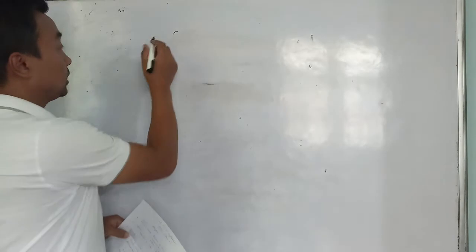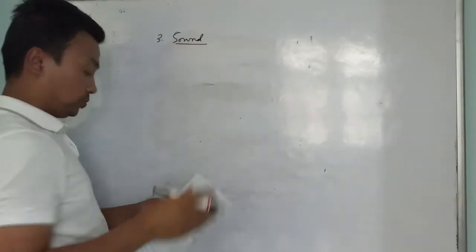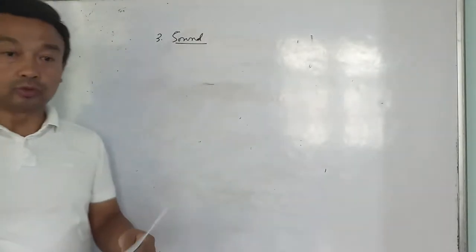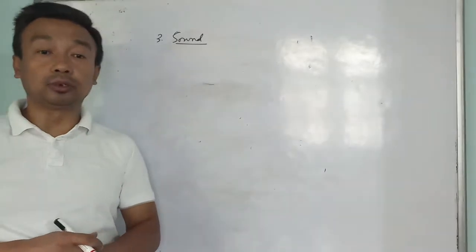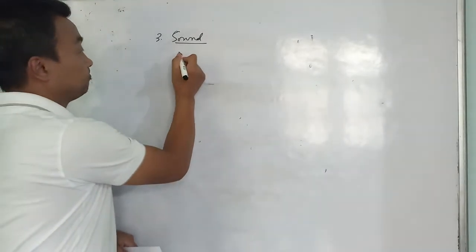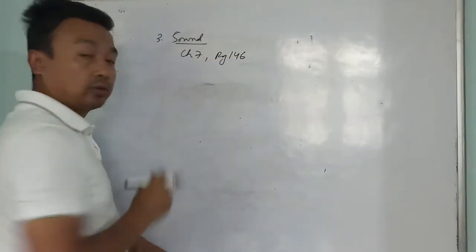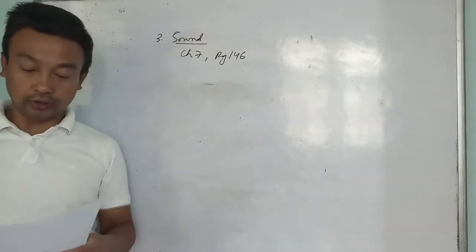But I am going to start sound today. Sound is in chapter 7 in the textbook, and it is in page number 146. Now in sound you have got three topics to discuss.